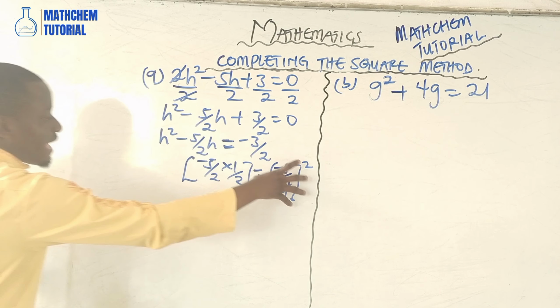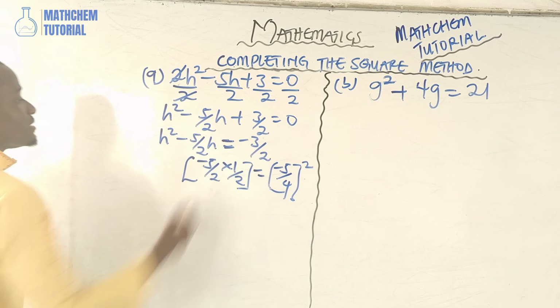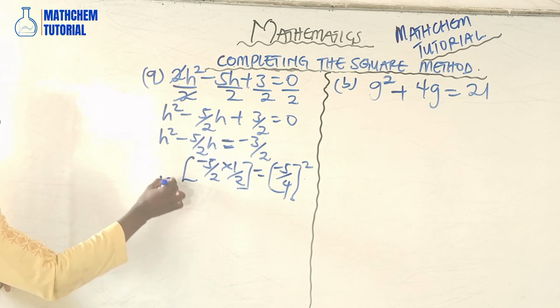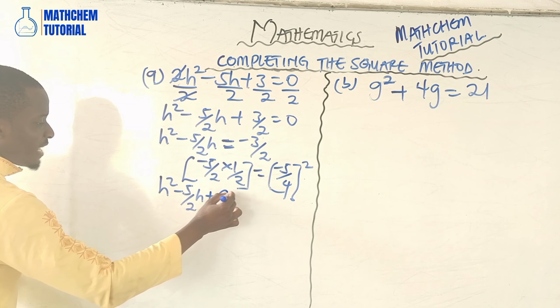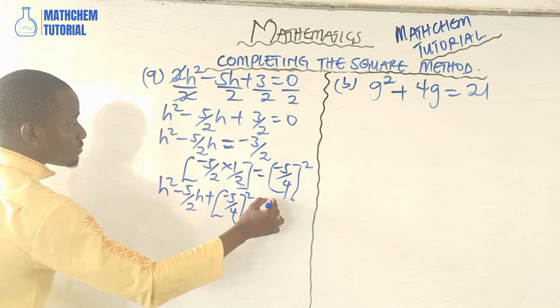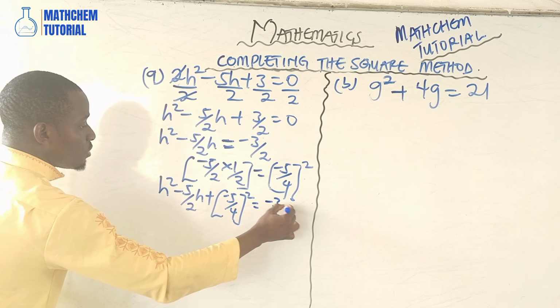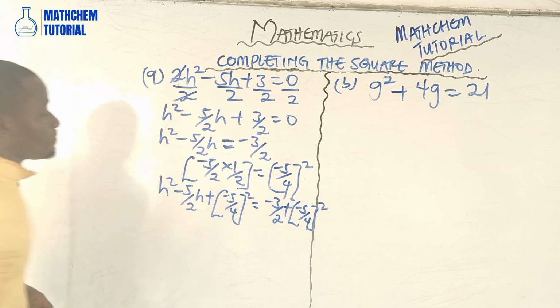Take this whole expression, add it here. Take this whole expression, also add it here. So we have h² - (5/2)h + (-5/4)² = -3/2 + (-5/4)².